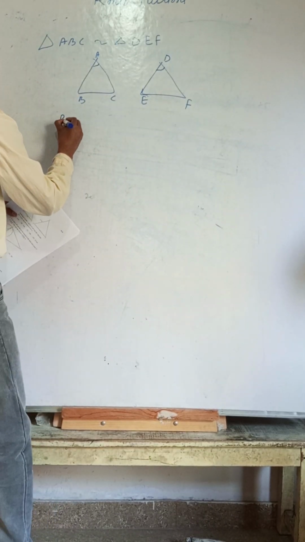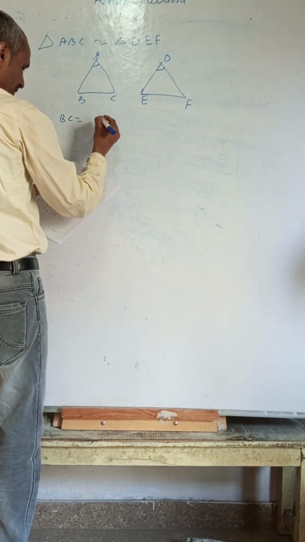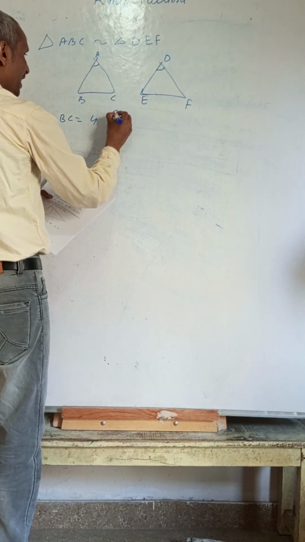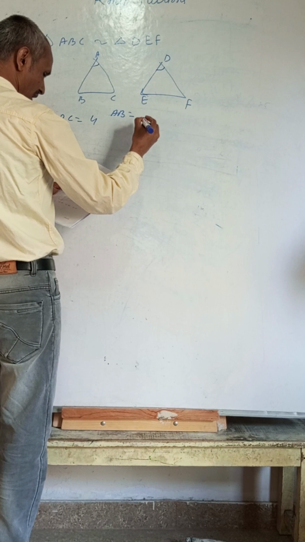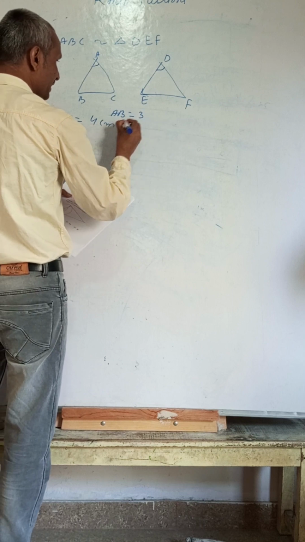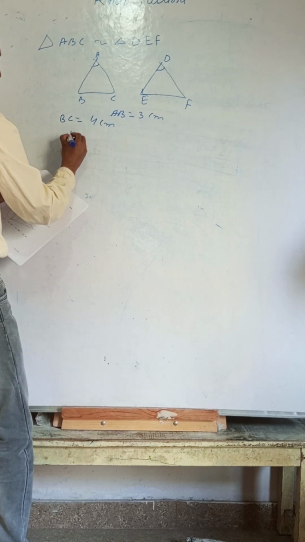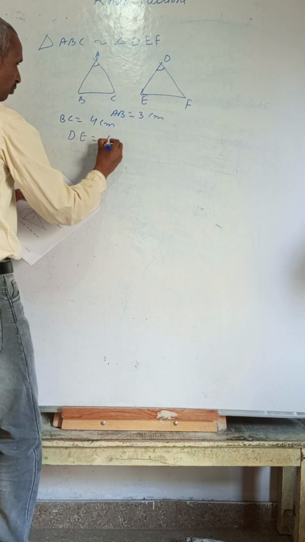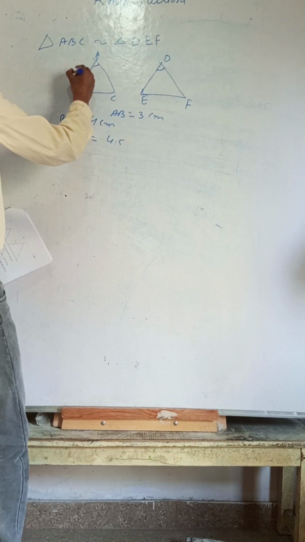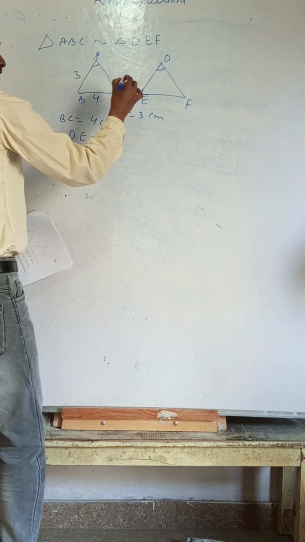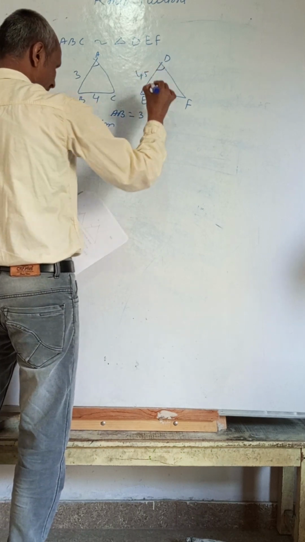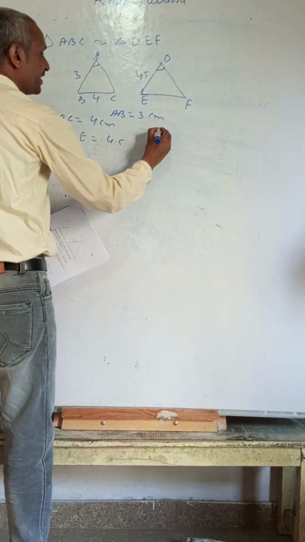Given BC is 4, AB is 3 centimeters, and DE is 4.5, all in centimeters. This side is given as 3, this side as 4, and this as 4.5. Now it is asked to find EF.